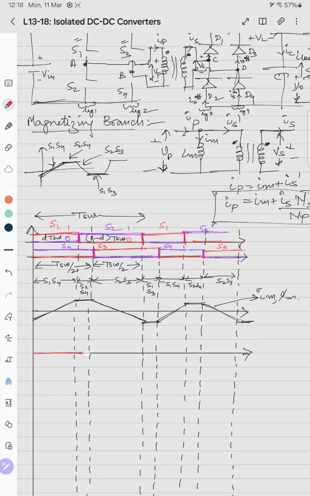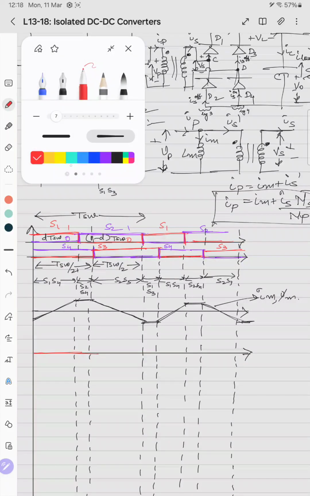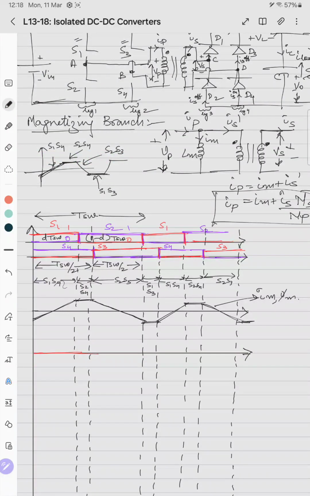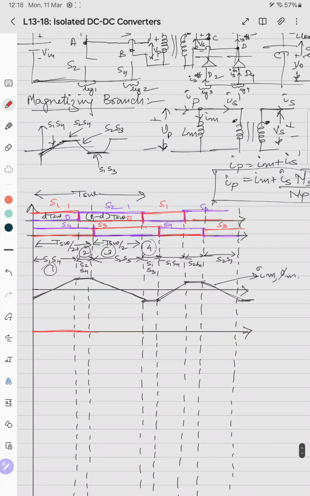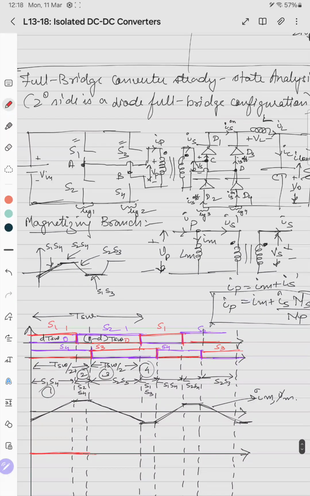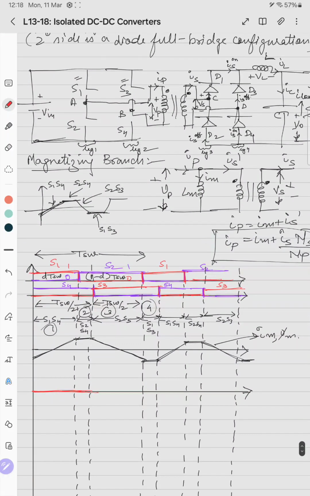We'll call this time 1 when S1 S4 is on. We'll call it 2 when S2 S4 is on. We'll call this time 3 when S2 S3 is on, and time 4 when S1 S3 is on. So for time 1, the switch S1 is on. For the other two times S1 is off.